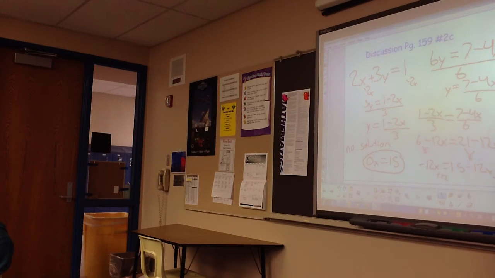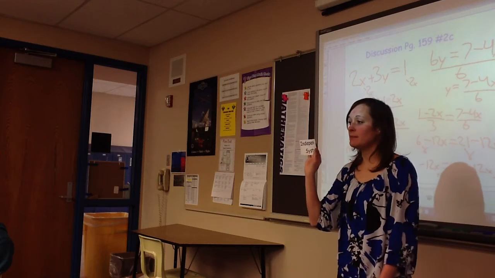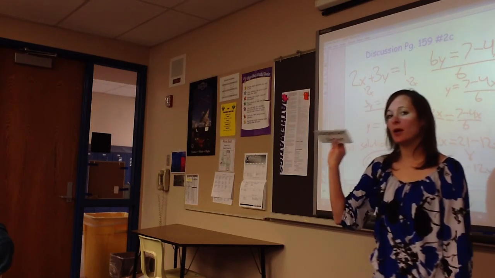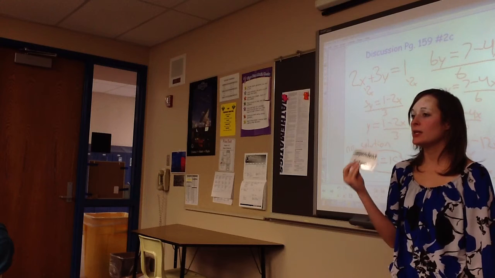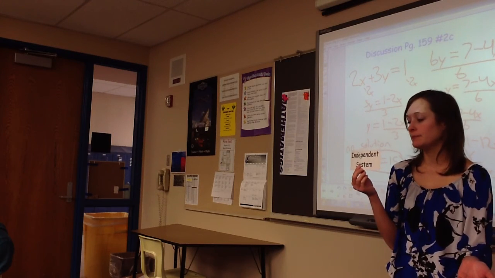All right, and last but not least, we have independent. Independent are typically what every single problem will be, and that is where they intersect once, and you actually get an ordered pair for an answer.